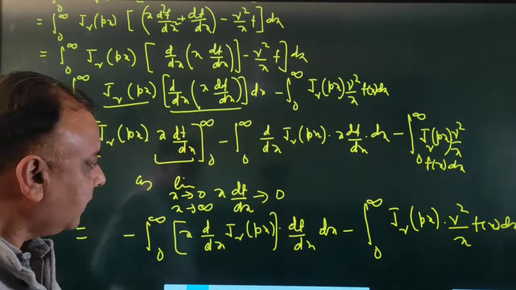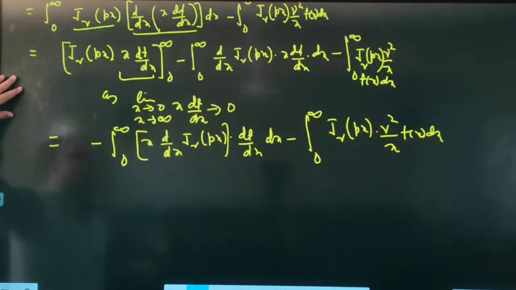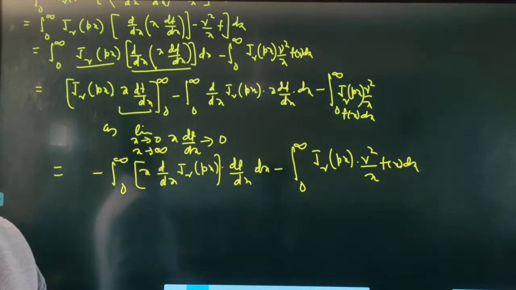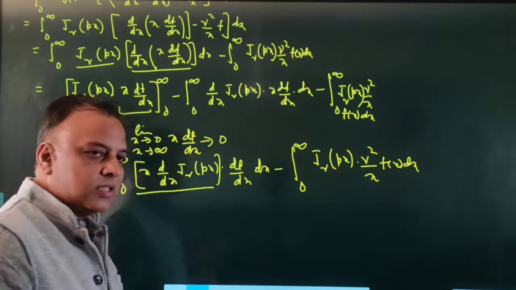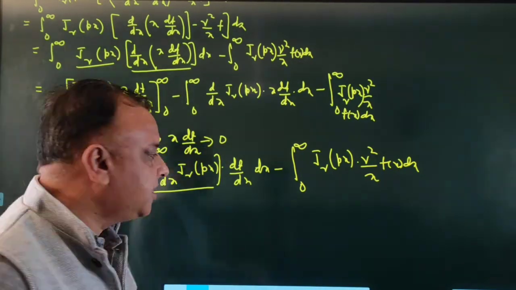Now again we integrate the first integral by parts, taking x d/dx of J_nu(px) as the first function and df/dx as the second function.